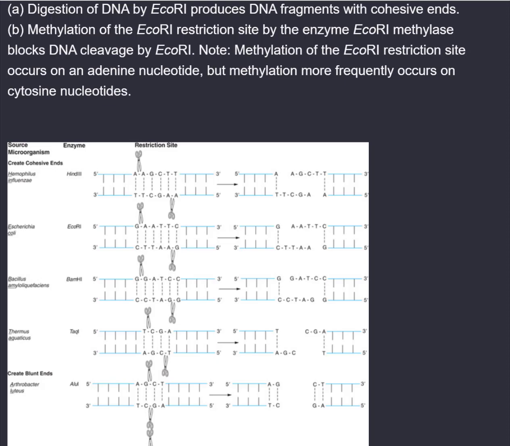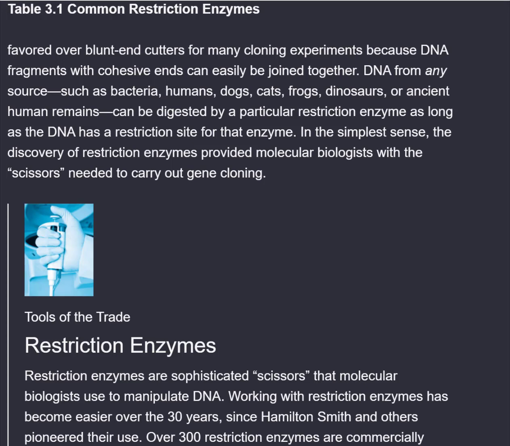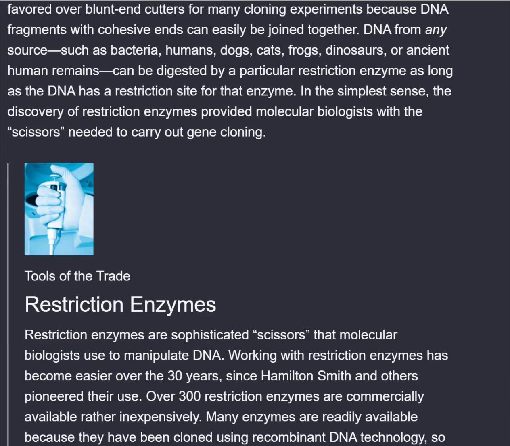Note: methylation of the EcoRI restriction site occurs on an adenine nucleotide, but methylation more frequently occurs on cytosine nucleotides. Table 3.1 Common restriction enzymes. Enzymes that produce cohesive ends are often favored over blunt end cutters for many cloning experiments because DNA fragments with cohesive ends can easily be joined together.